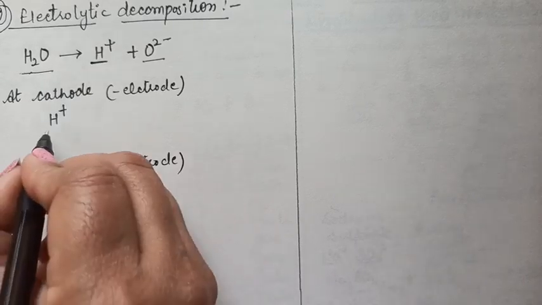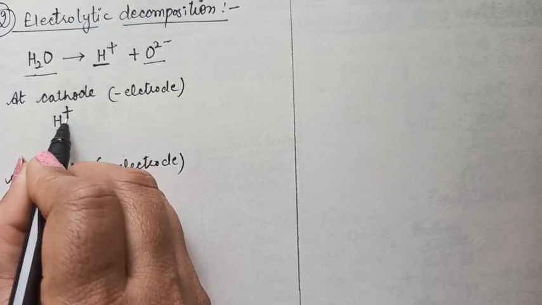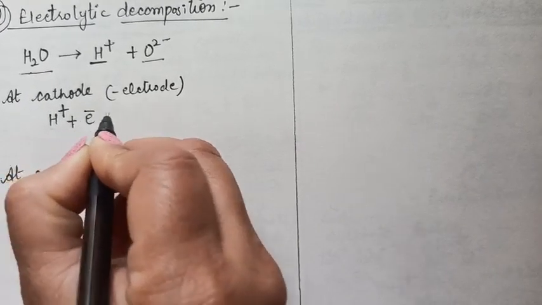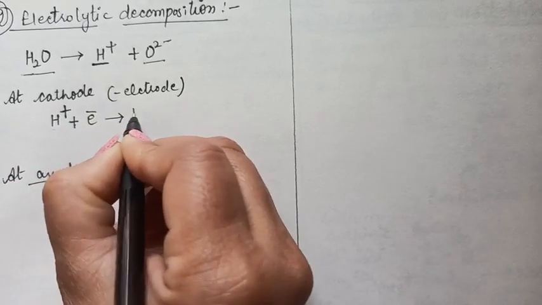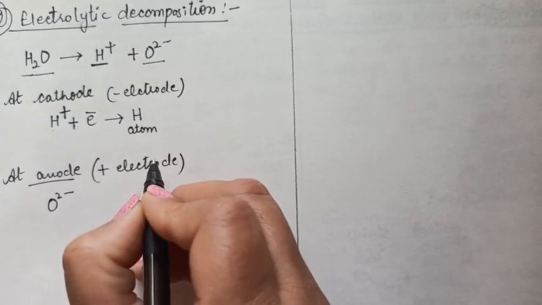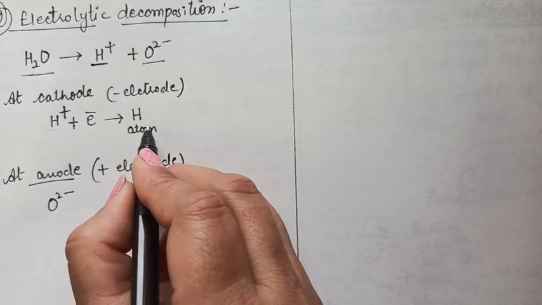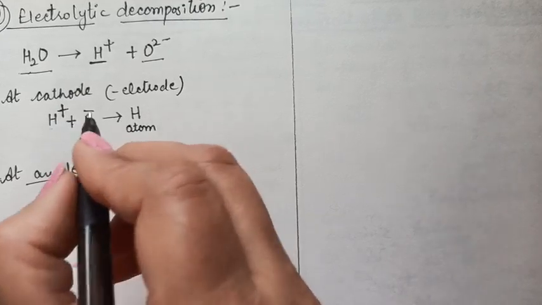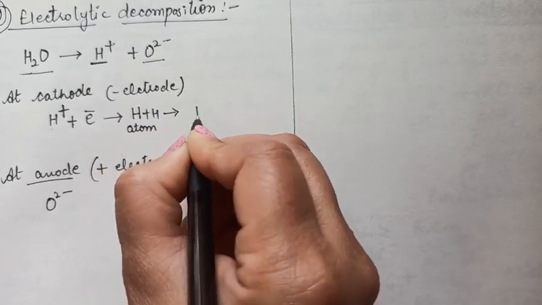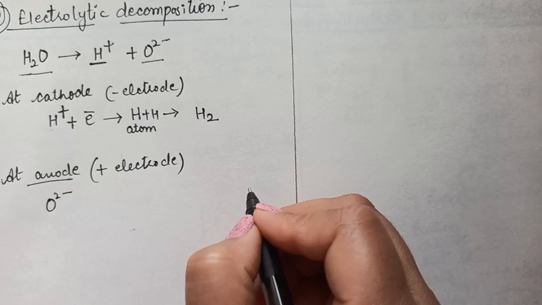Okay, now the H+ ion is positive, so that means it is deficient in one electron. So it will gain one electron and become a hydrogen atom. First it becomes an atom, but hydrogen does not exist alone in monatomic form, so it combines with another hydrogen atom and forms H2, that is hydrogen gas.